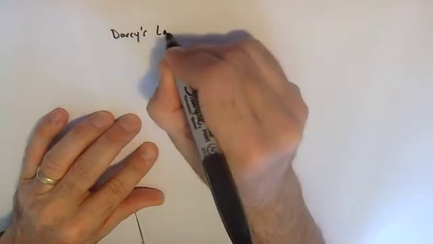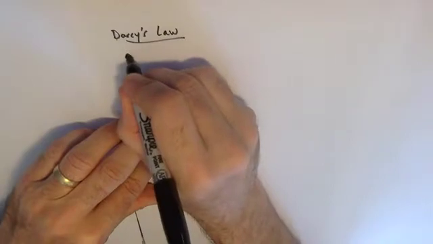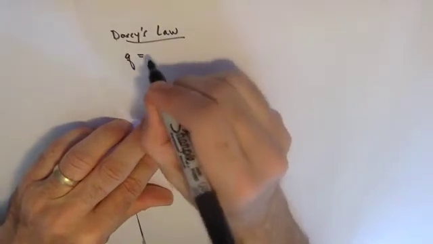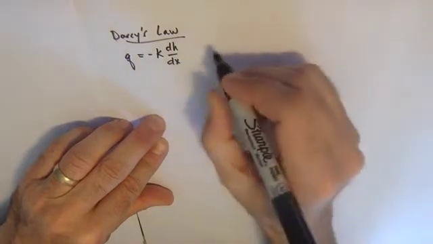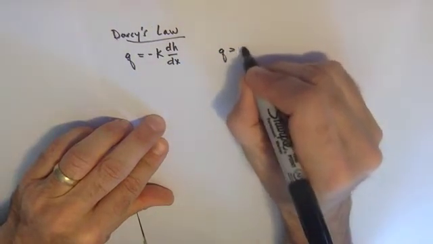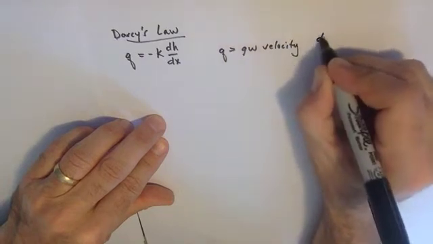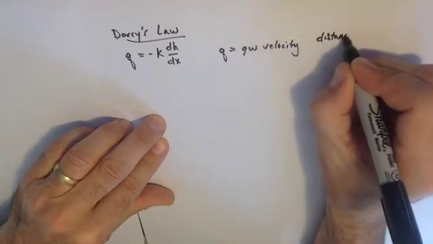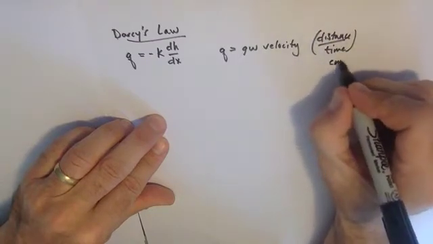There's actually a variety of forms of this, but we'll start with the most fundamental equation, which is the equation for the velocity of groundwater. So this is Q, groundwater velocity, which is obviously in distance per time, often centimeters per second.